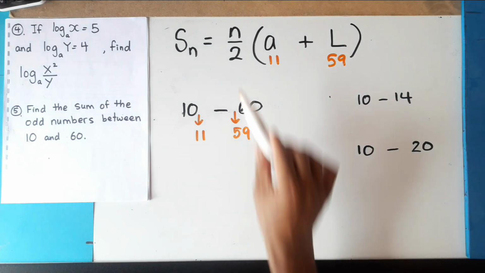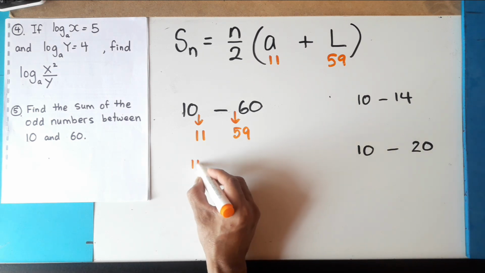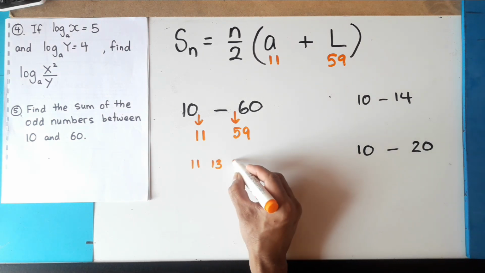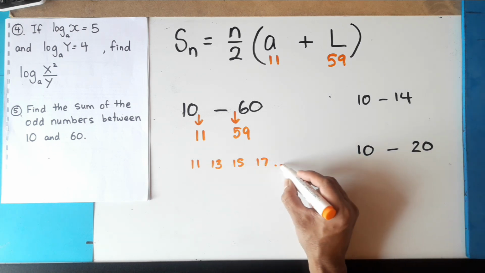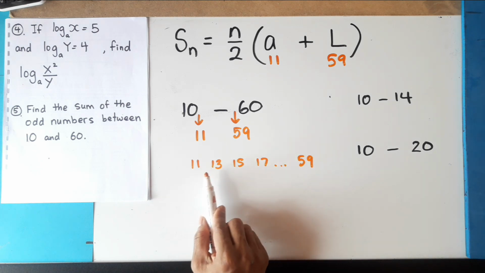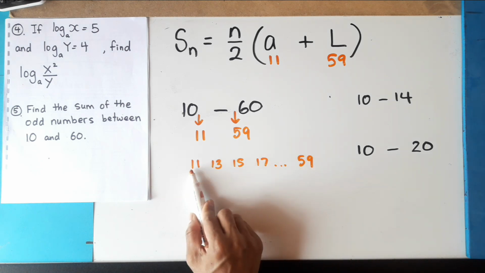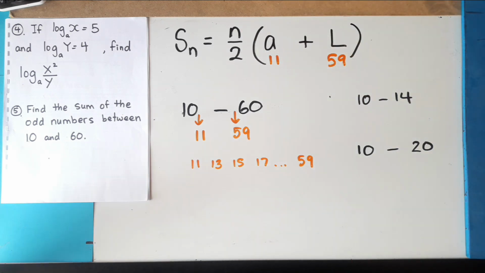But it's the number of terms. Remember, the long way of doing this is saying 11, the next odd number is 13, then 15, then 17, and you count all the way up to 59 with all the odd numbers, and then you add up how many numbers you have: 1, 2, 3, 4, 5, and whatever you get, you replace n with that. You could do it like that, but you're going to waste a lot of time in the exam.